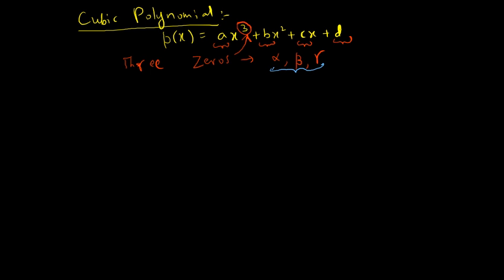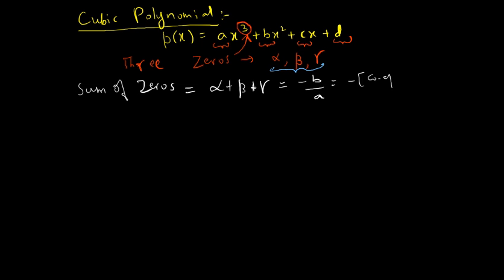Initially, starting with the sum of roots. The sum of zeros, denoted by alpha plus beta plus gamma, summing up the 3 zeros, would be nothing but minus b by a, that is minus b, the coefficient of x squared, by the coefficient of x cubed.